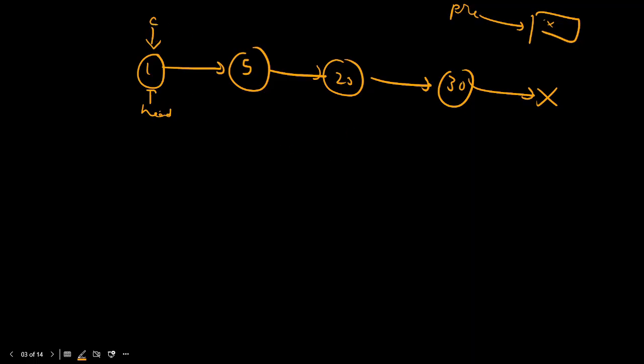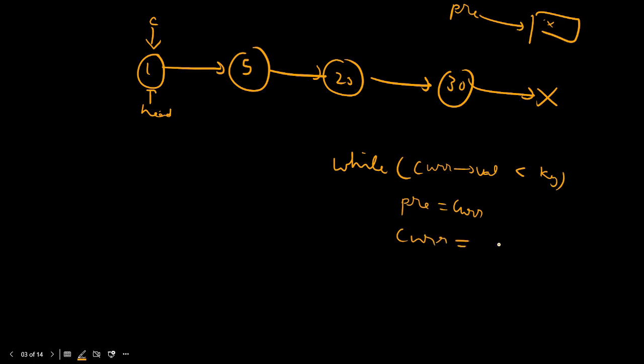And we run the same loop while cur's value is less than key. What do I do? Pre equal to cur, I'll increment cur is equal to cur's next. This is what I do.